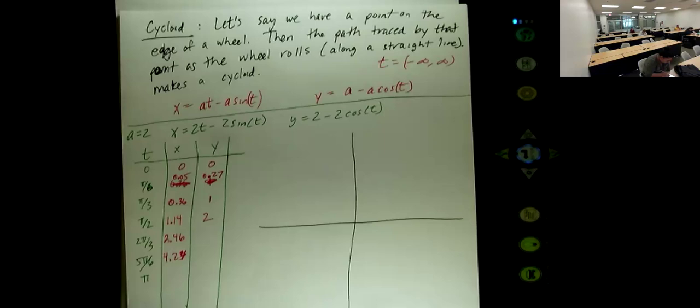I didn't do the y value there. Pi divided by 3 minus 2 cosine 2 pi divided by 3.